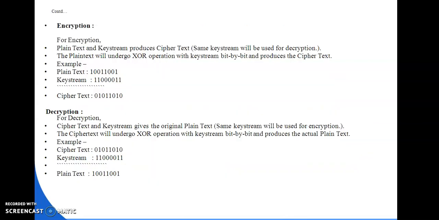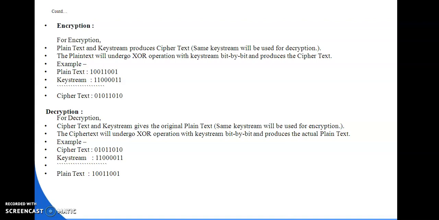Next is the stream encryption and decryption process. For encryption, suppose the plain text is 100110001, and the key stream given is 11000011. Next you have to apply the XOR operation.